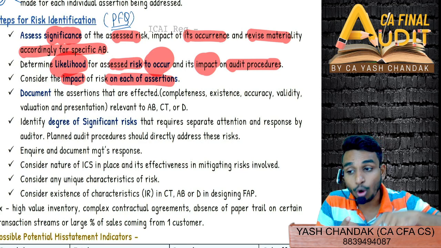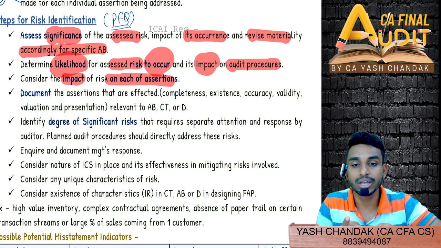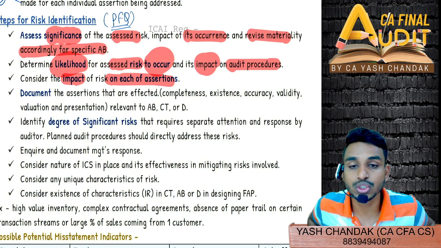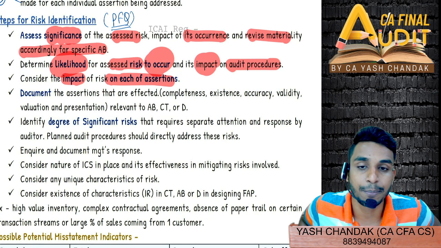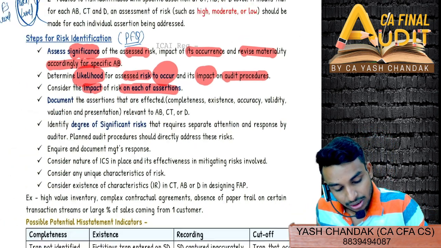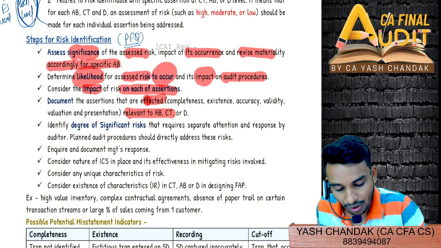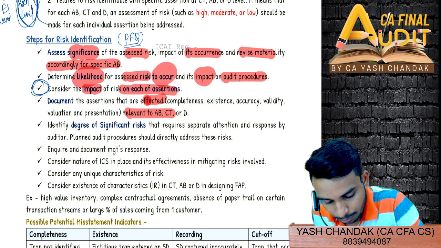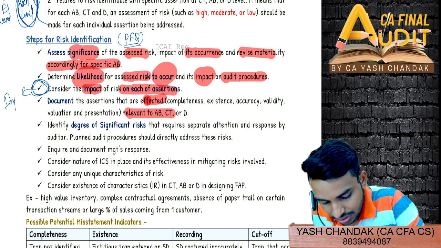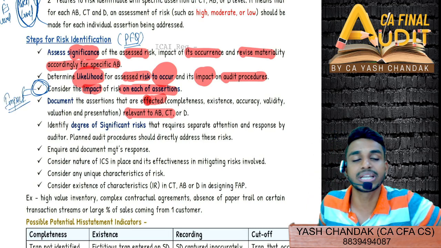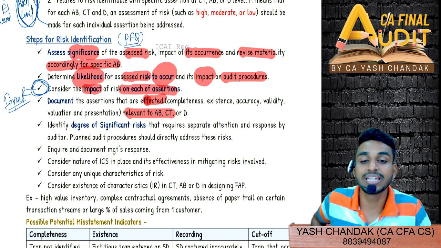Secondly, can it occur actually, the likelihood of its occurrence, and thirdly, if it actually occurs, then what will be the impact. Then you will have to document the assertions that are affected. So whatever assertions you found will be impacted, class of transaction, account balance, this all will be impacted, you will have to document everything.